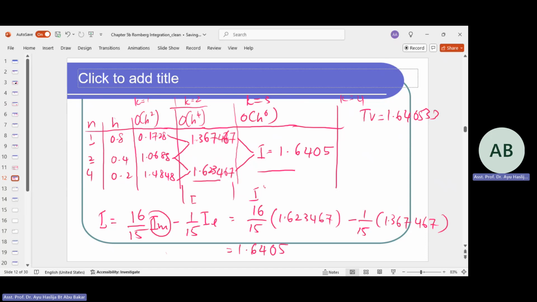So you need to add the segment. Add one more segment, let's say here 8. Then only you can find the K level 4, O(h^8). Okay, understand the concept? We go sideways.